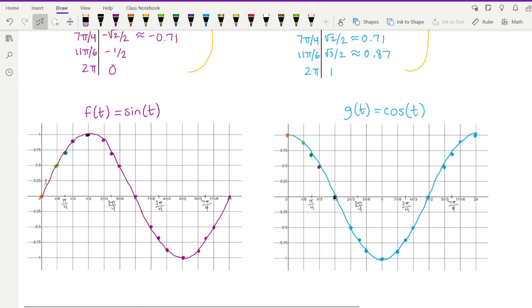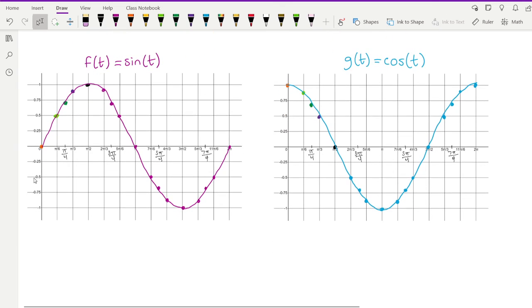Additionally, there are also angles that are less than 0 and bigger than 2 pi, right? You can have angles that are as big as you want that include all these extra rotations around and then landing at maybe one of the nice angles that we're used to. And so the graphs of sine and cosine are not restricted to just being between 0 and 2 pi.